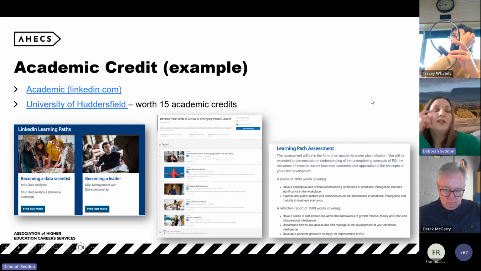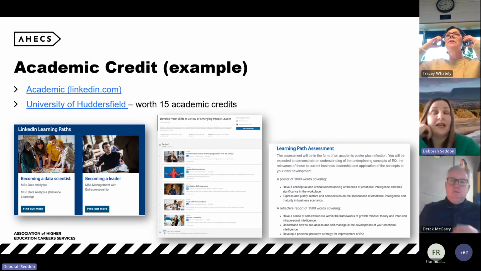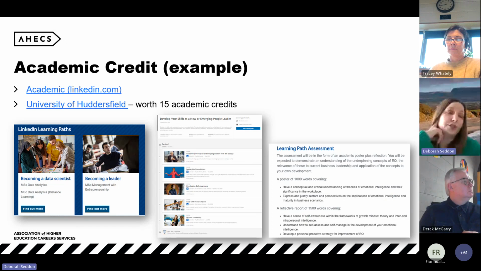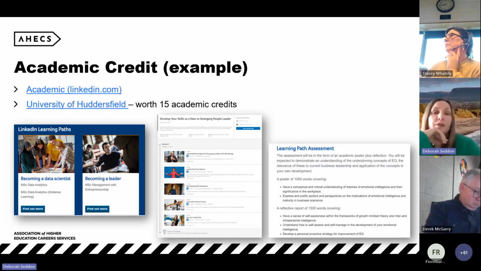Okay, so I just wanted to put a spotlight on the academic credit. Like I say, ATU don't currently use this opportunity, but maybe some of your institutions do, and it would be interesting to hear how that works. This is where partner universities have used learning paths.